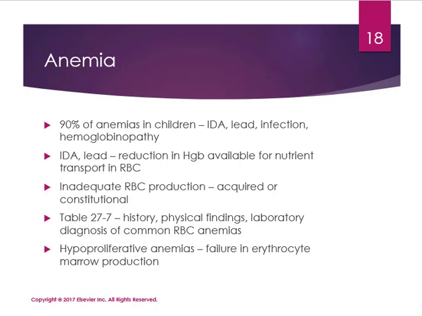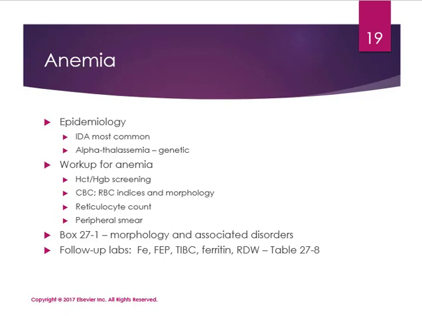Anemias can also be caused by failure of the erythrocyte in the bone marrow to produce, and that is termed a hypoproliferative anemia. As we talked about, iron deficiency is the most common. Your thalassemias are genetic. The workup that you'll do for anemias include a CBC.